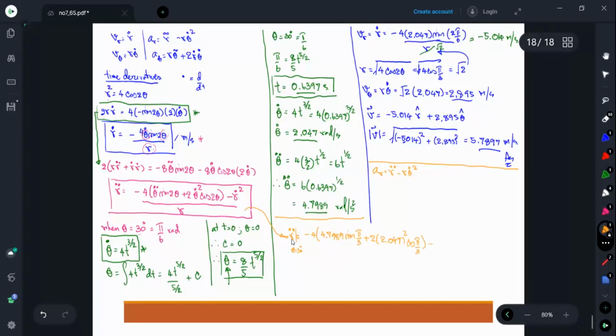Minus r dot square, divided by r. And we obtain r double dot.